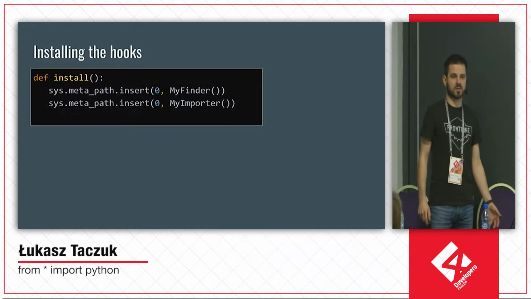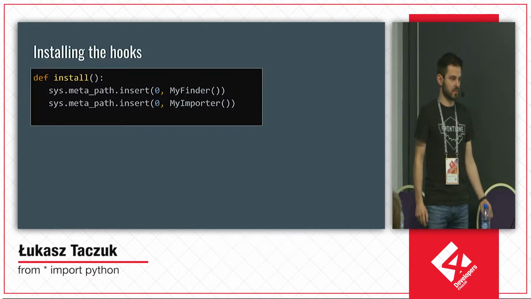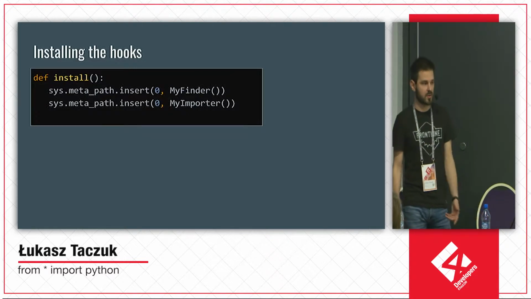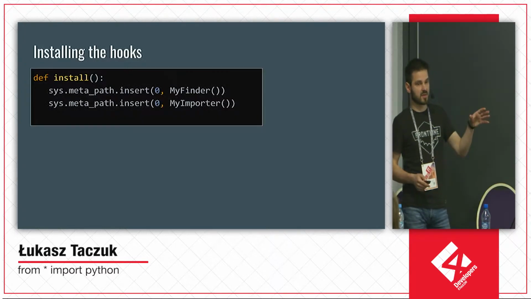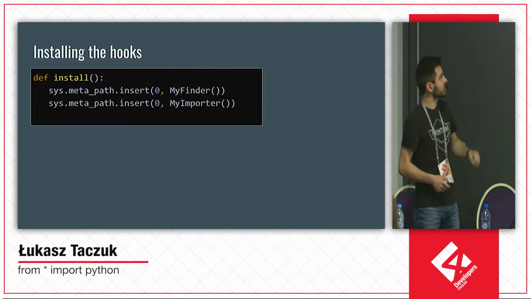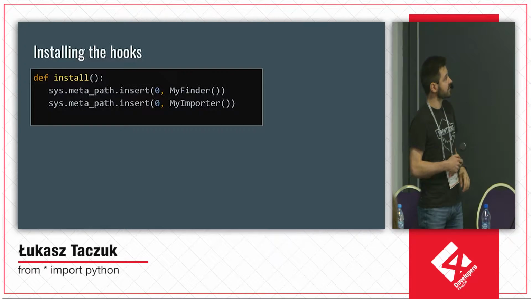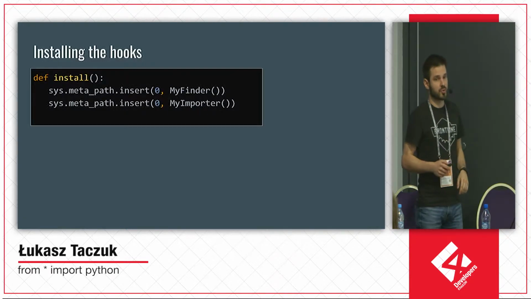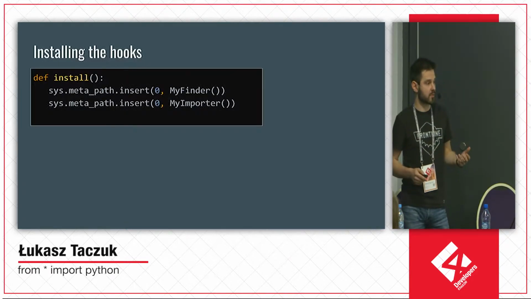After that, we want to register the finder, the importer, by just adding it to the sys.meta_path list. In this case, what we're doing is inserting it at the first position, which will ensure that our loader, our finder or our importer will be executed as the first one, which we may or may not want to do.